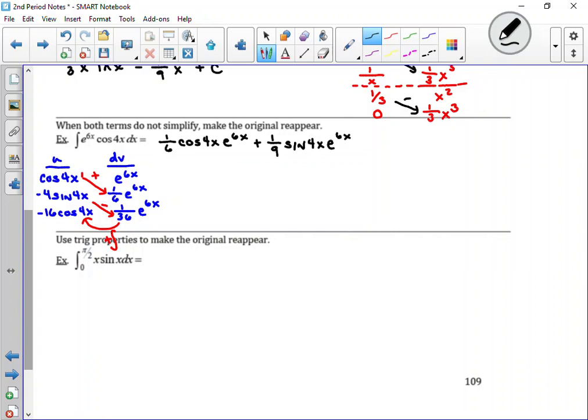And then it's plus, and then this is a minus, and that's a positive, so minus 16/36 simplifies to 4/9 integral cosine 4x e to the 6x dx, right? Yeah?